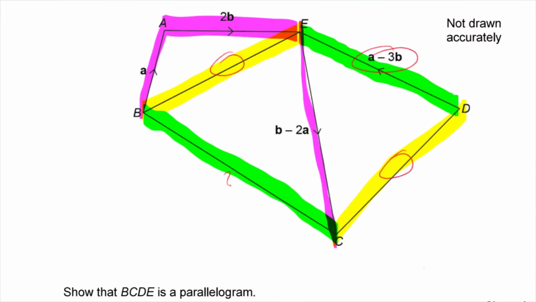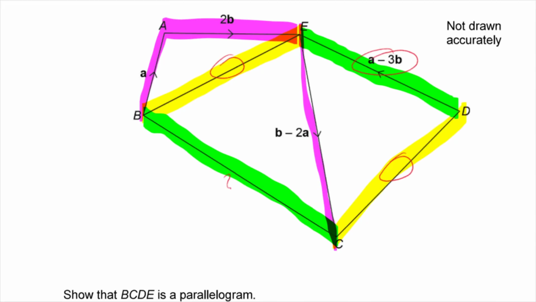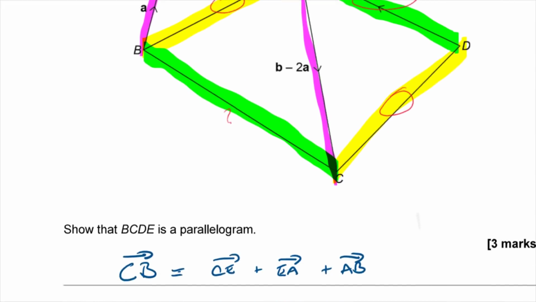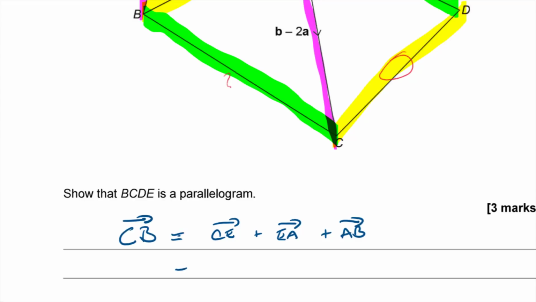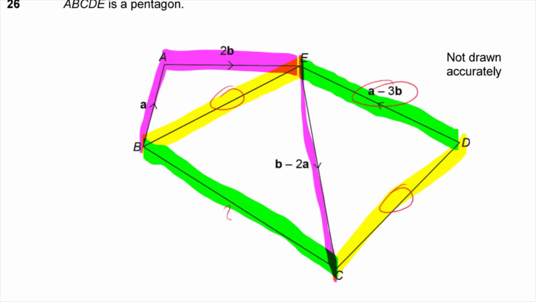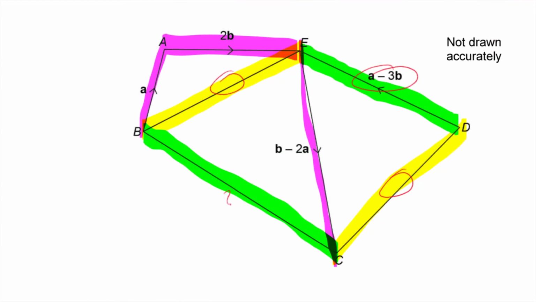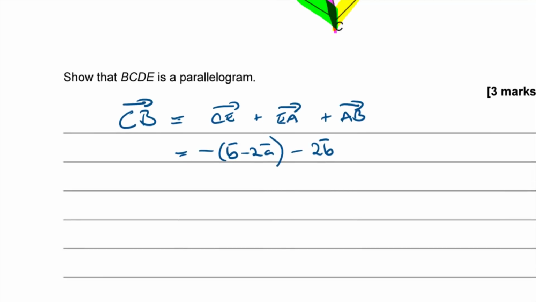Now using the vectors A and B that have been given, C to E is against that arrow, so it's going to be the opposite of that, isn't it? It's going to be minus, so minus (B minus 2A). I'm going against that arrow as well, so E to A is minus 2B. And A to B, again against the arrow, so that's going to be minus A.